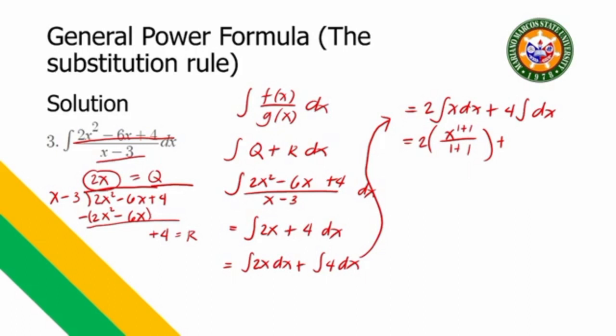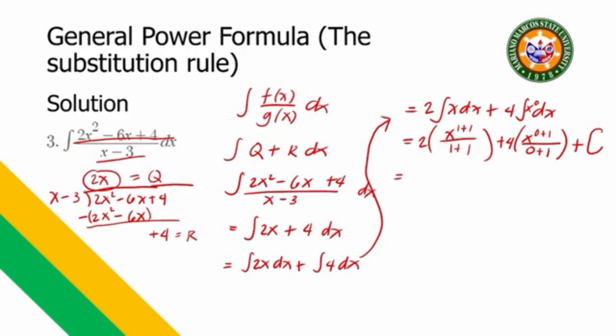So we will have here 4. The x right here, let's just write it as an exponent of 0. So x raised to 0 plus 1 over 0 plus 1 plus the constant. We will just be adding the constant for both of them. Let's just write it as big letter C.